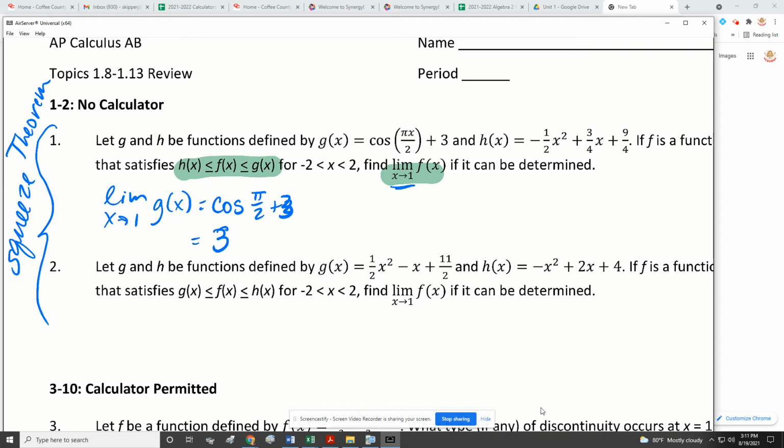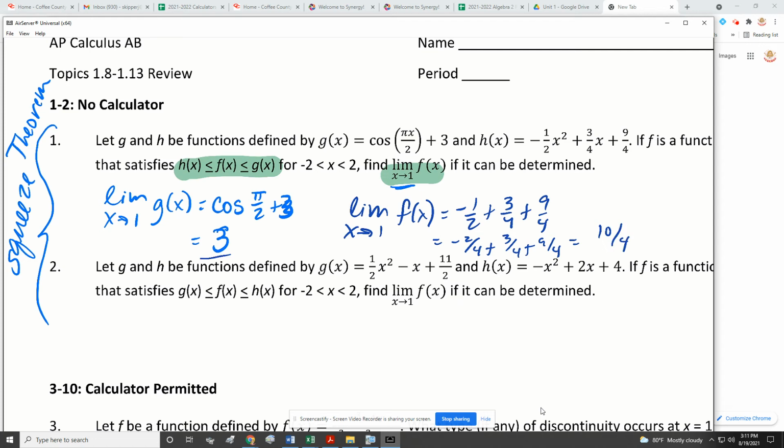Okay. And then the other one is somewhat tedious because you have all those fractions to deal with, but when we're just plugging in 1, all we have to do is add and subtract the fractions. This is without the calculator, so you would need to find a common denominator. So that's going to be 10/4.